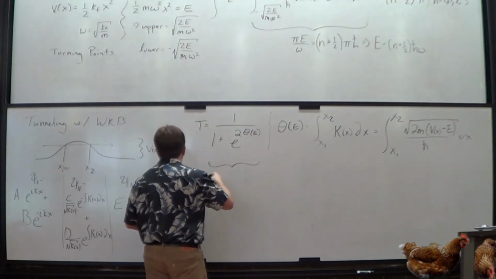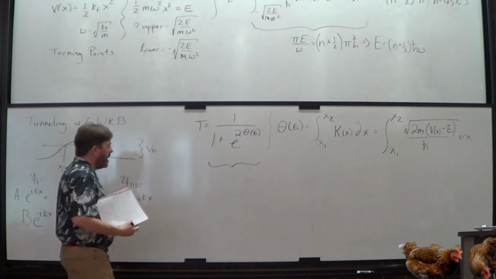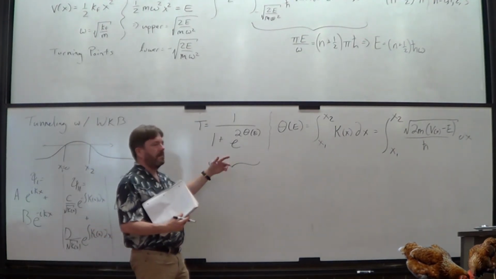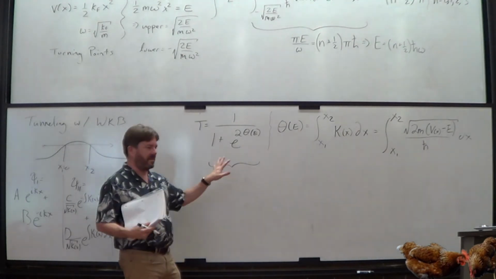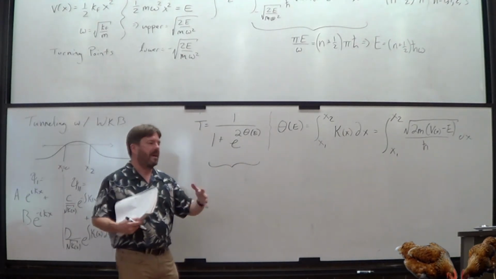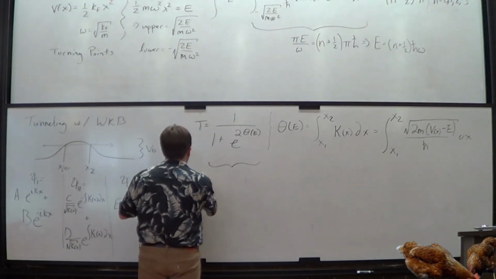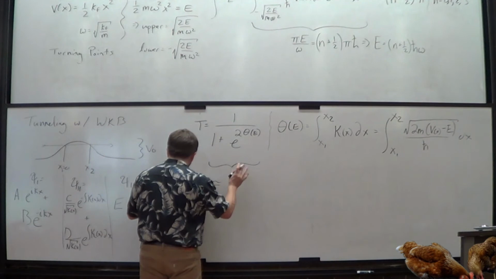It's a WKB thing. You set this problem up if you know how to solve it, which I don't. I'm going to show you an approximation to solve this, so that you get an idea of the physics. I just want you to know this stuff exists, but now I'm going to give you a little bit of an idea how to solve it. And I can do that. Now, I do know how to do this one.